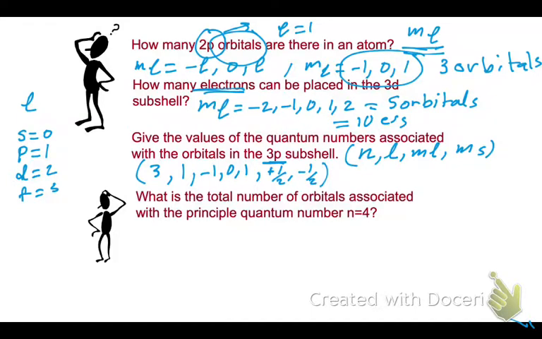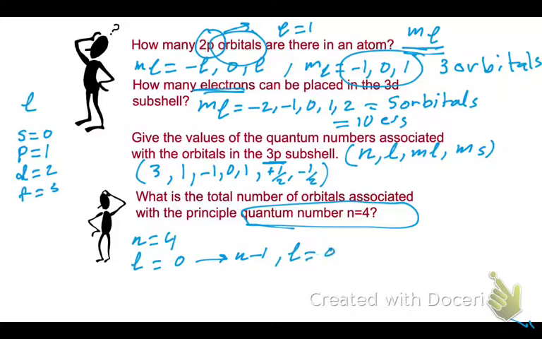What is the total number of orbitals associated with the principal quantum number n equals 4? Okay, when n equals 4, L values will go from 0 all the way to n minus 1, so L values will be 0, 1, 2, and 3. Now, orbitals come from ml values. For 0, I only have one ml value, which is 0. For 1, I have negative 1, 0, and 1. For 2, negative 2, negative 1, 0, 1, and 2.